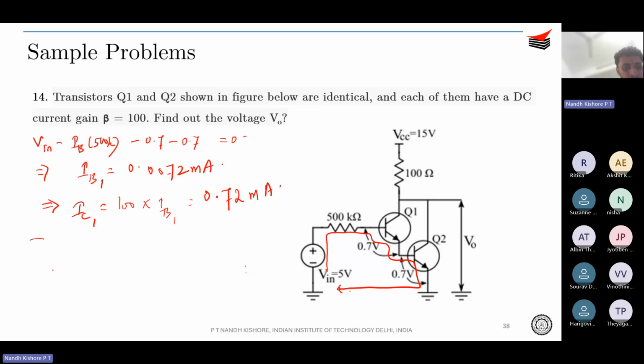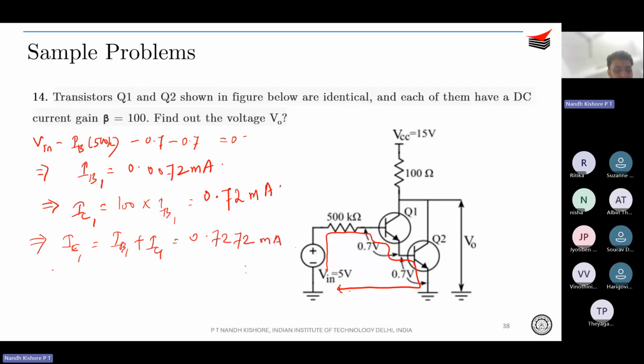That's your IC1. So what is your IE1? IE1 is going to be IB1 plus IC1, right? 0.7272 milliamps.